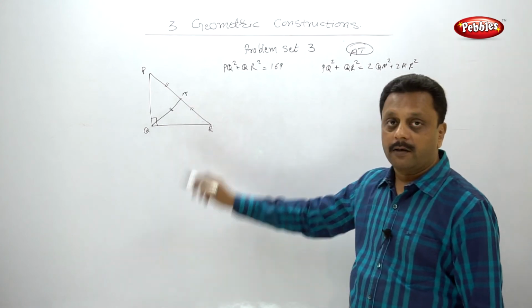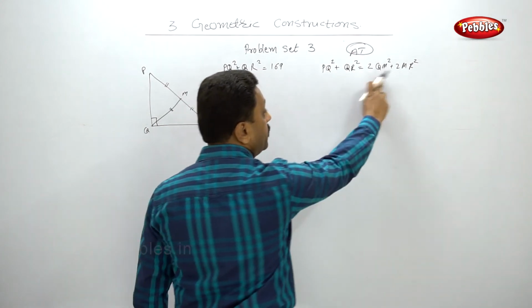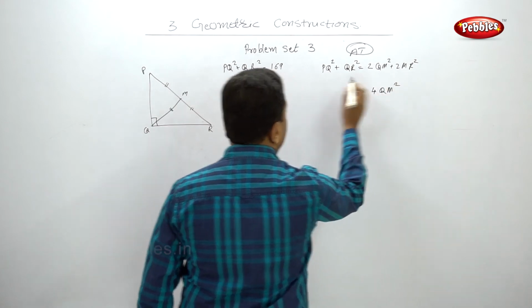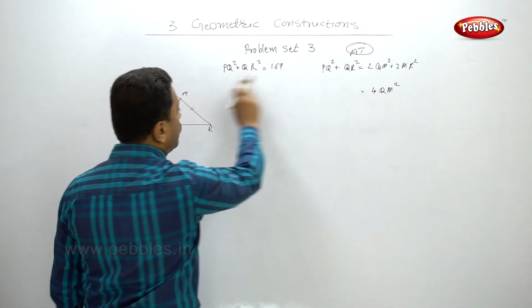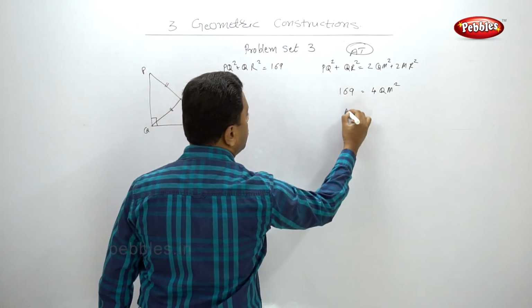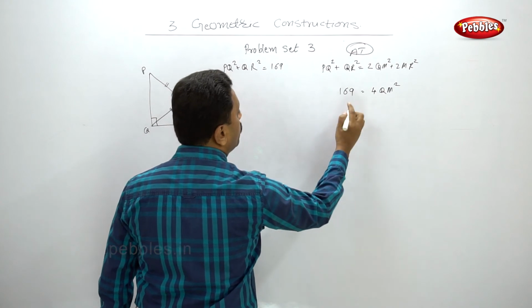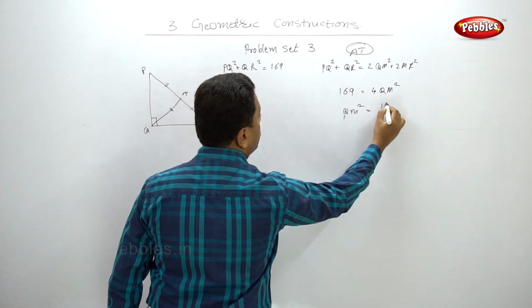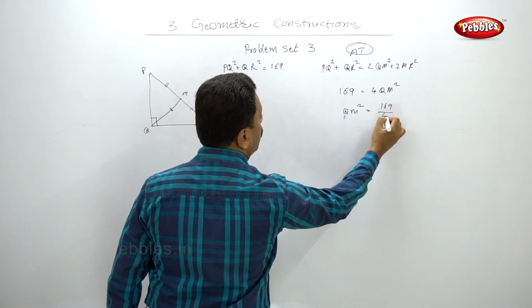Can we substitute here? QM is equal to MR. So we got 4QM square is equal to PQ square plus QR square, which we know is 169. So we can easily find out QM square is 169 by 4.